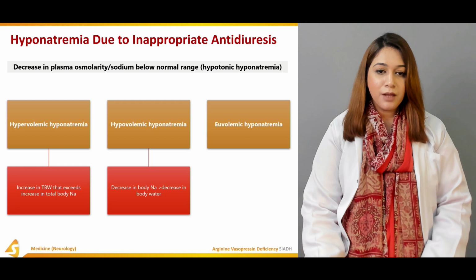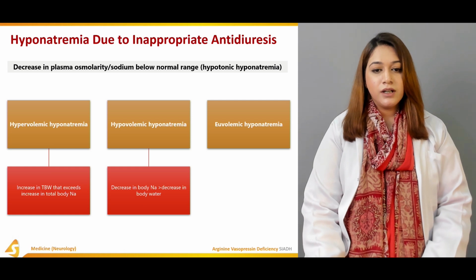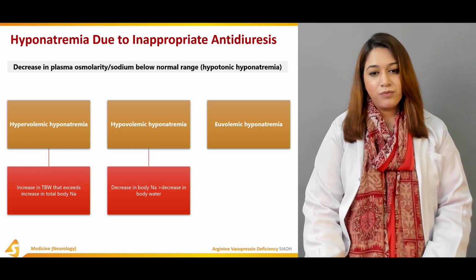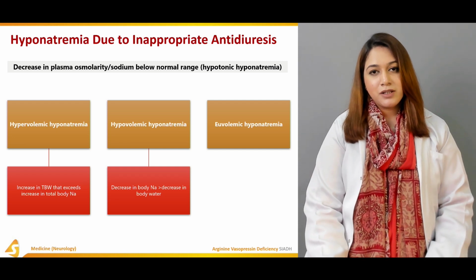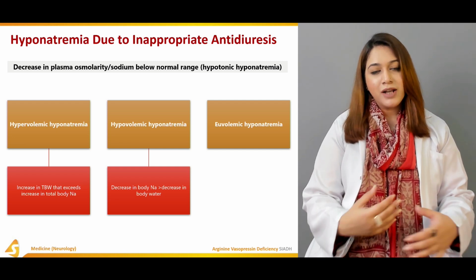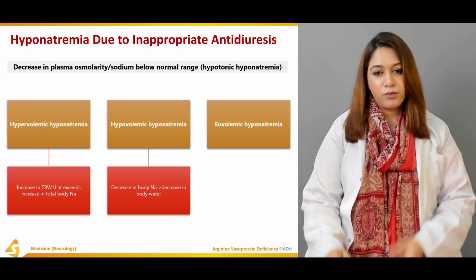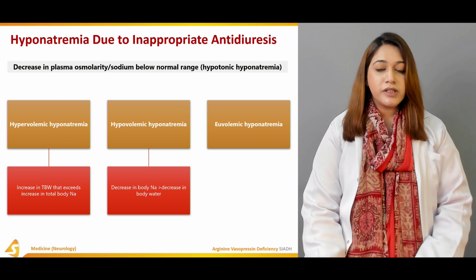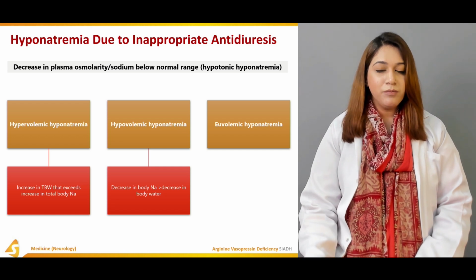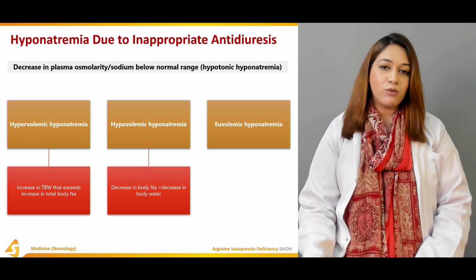The first one is hypervolemic hyponatremia, in which there is increase in total body water that exceeds the increase in total body sodium. So the water content of the body is increased as compared to the sodium content of the body. In hypovolemic hyponatremia, there is decrease in body sodium more than the decrease in body water.